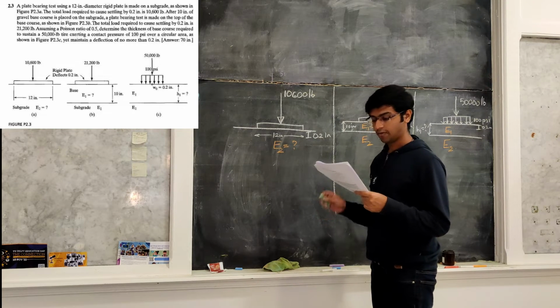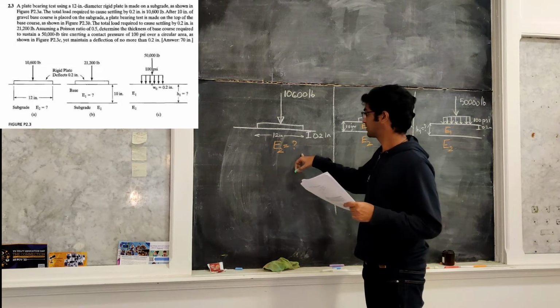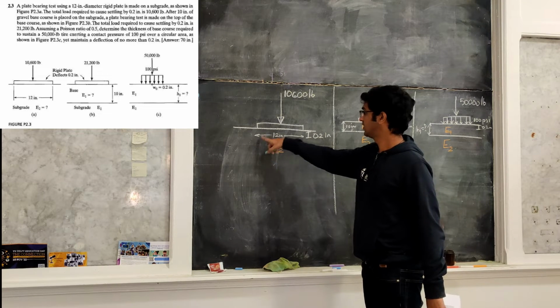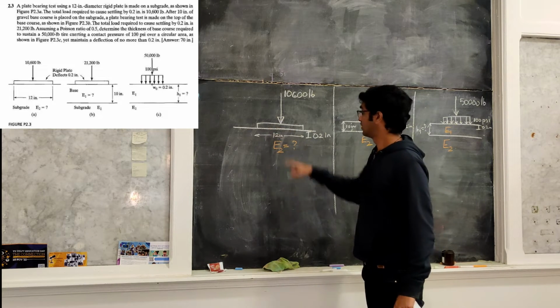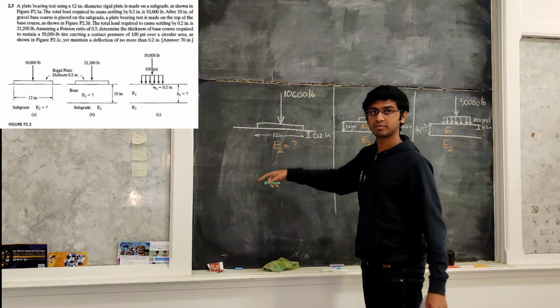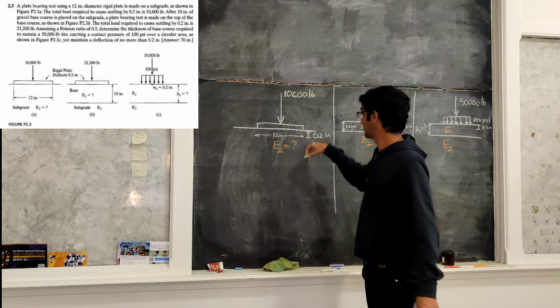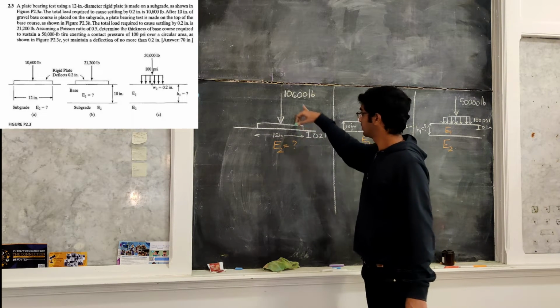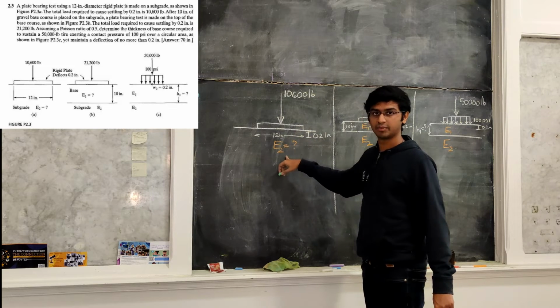Our first scenario was subgrade with a rigid plate. We know this is a single layer, so it's Boussinesq equations. We know the deflection allowed, load, we just need the material properties.